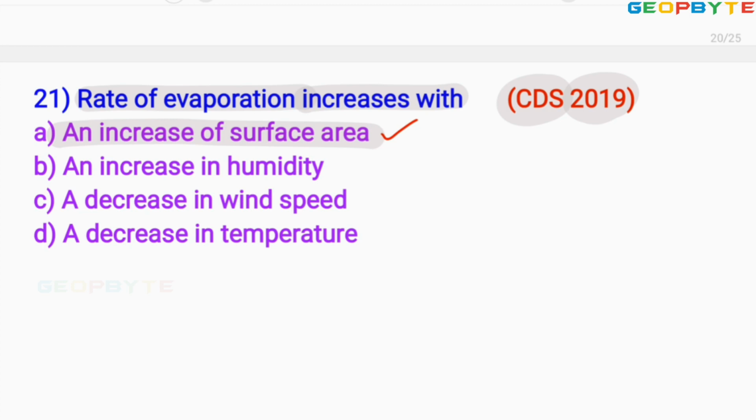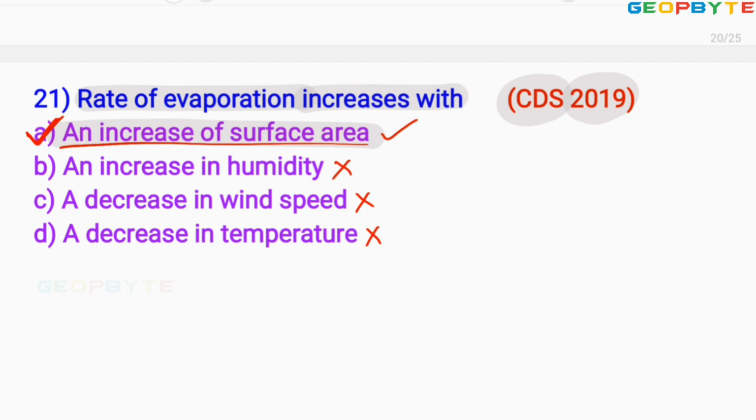No. When the humidity is increasing, evaporation decreases. Not correct. Decrease in wind speed? No. When the wind speed is decreasing, the evaporation rate is decreasing. Decrease in temperature? When the temperature is decreasing, the evaporation rate is decreasing. Therefore, option A is absolutely correct.